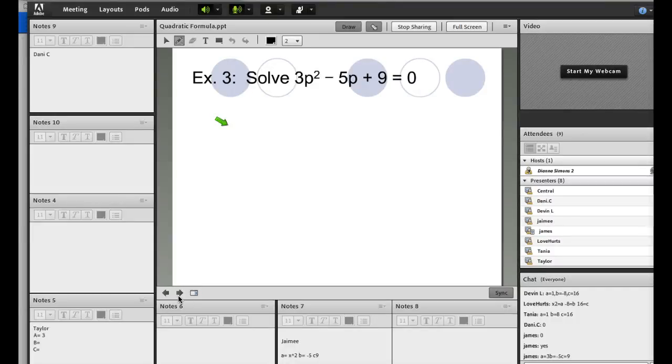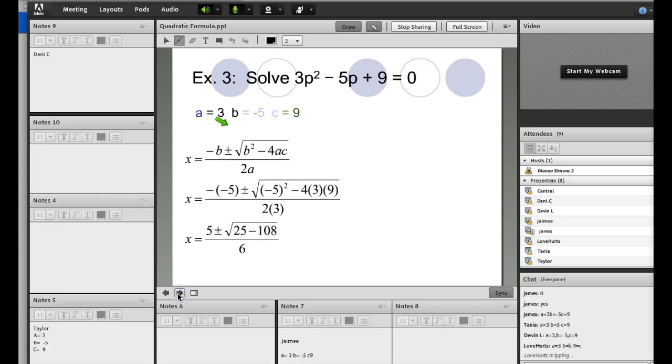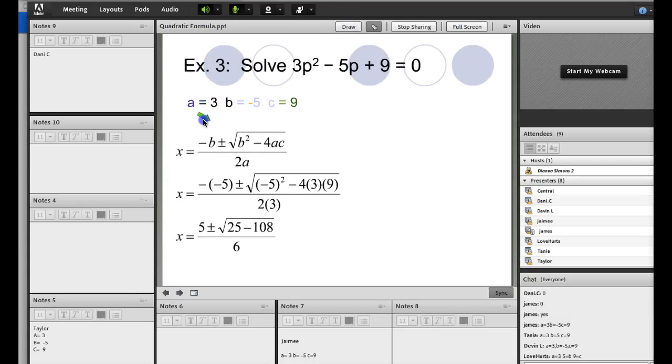The P in this case is called the variable, so it's not the variable. It's just the number. Do not forget, keep the sign with the number. Okay, ready? Oh, that was quick. All right, A is 3, B is -5, C is 9.